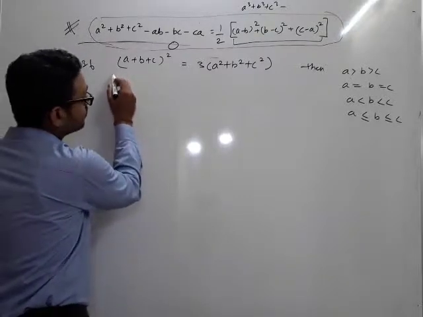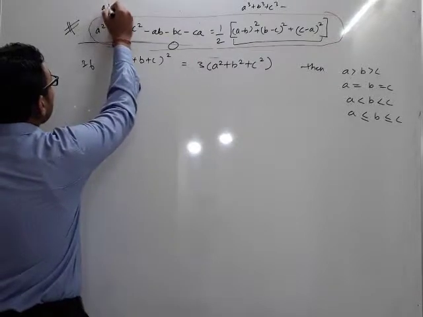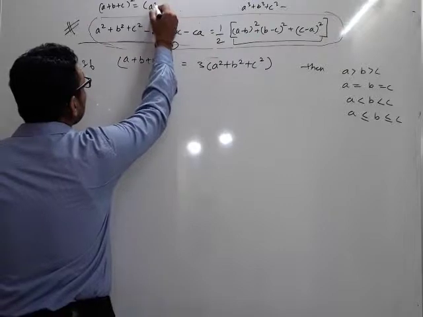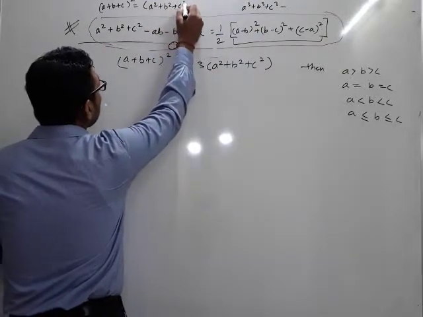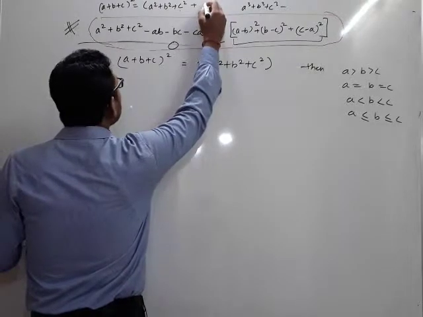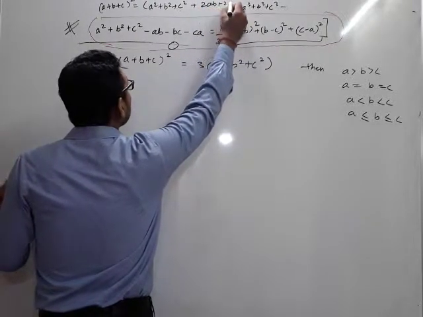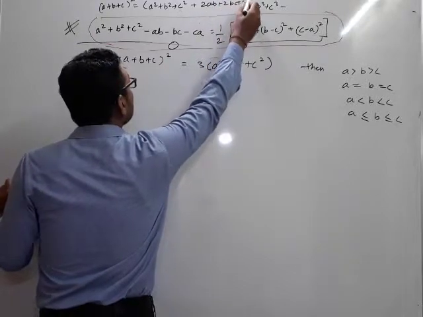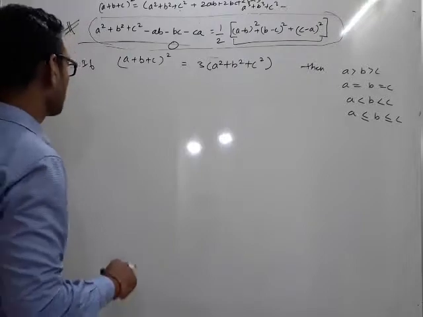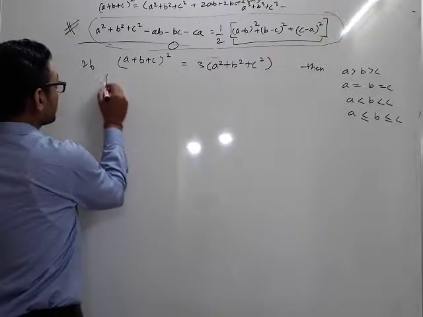So we all know there's one more formula. A plus B plus C the whole square is nothing else but A square plus B square plus C square plus 2AB plus 2BC plus 2CA. This is in the expanded form, or in short I'll write it over here.